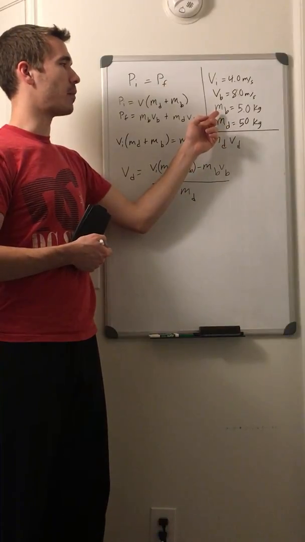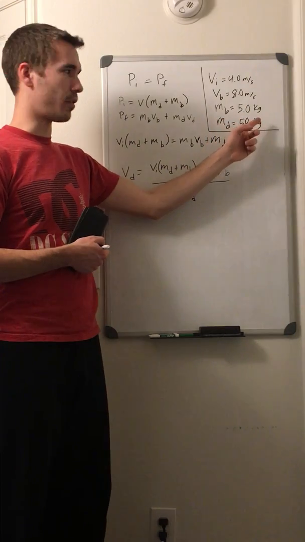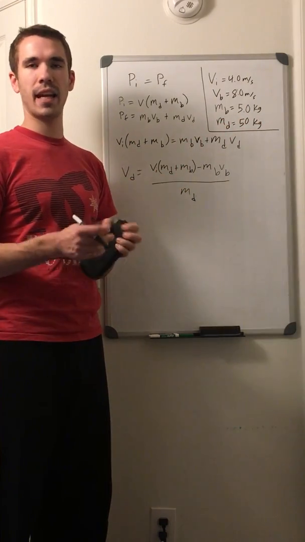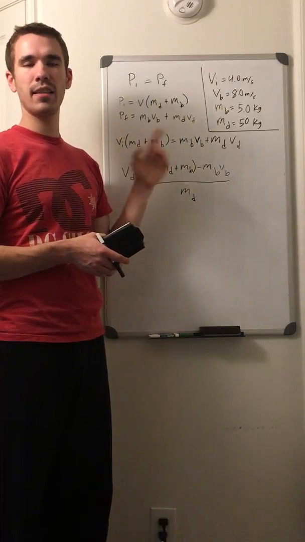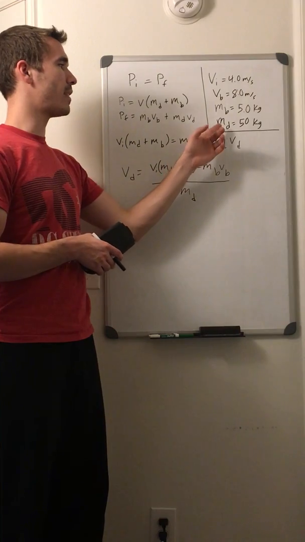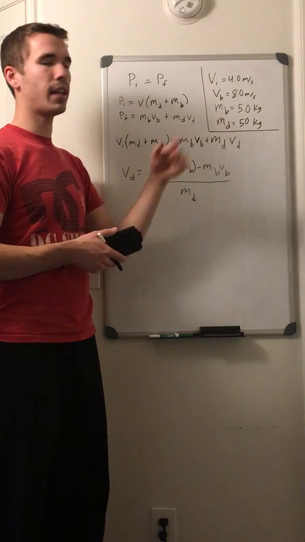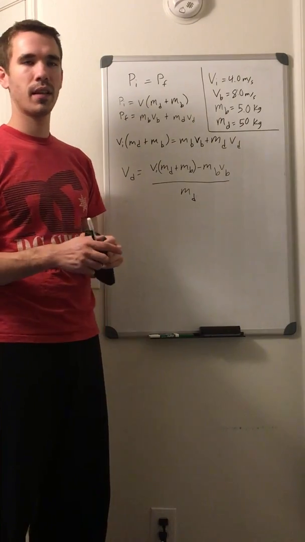The mass of the skateboard, m sub B, equals 5.0 kilograms. And with Dan I'll indicate his mass and velocity by sub D. So the mass of D equals 50 kilograms, which is Dan's weight.